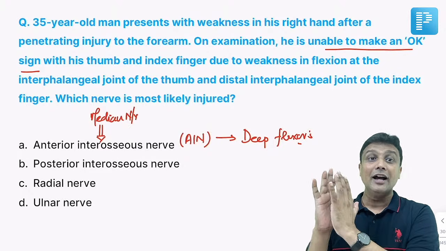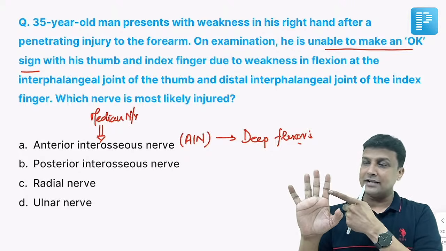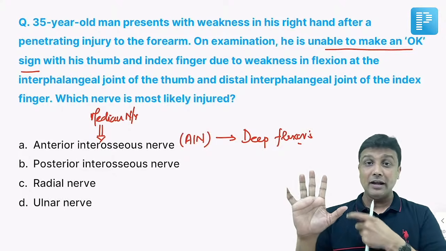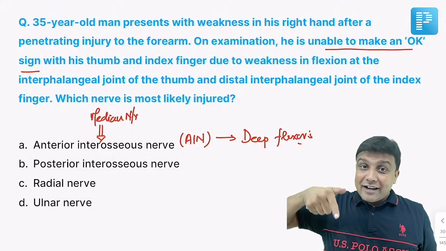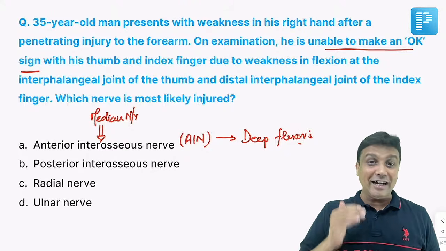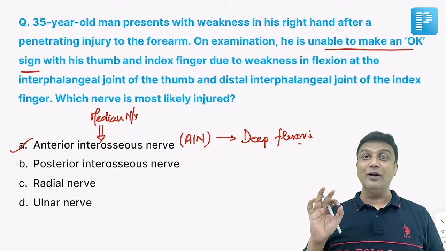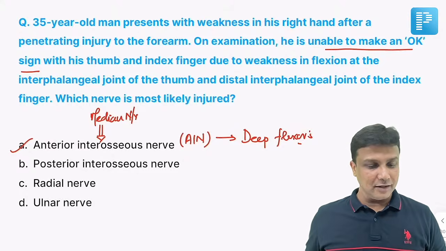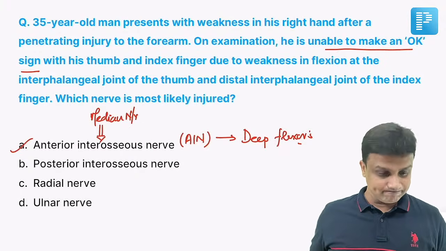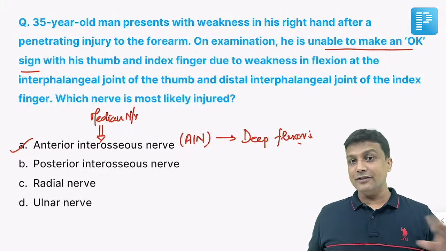That means it is going to help in flexion at the interphalangeal joints, the proximal and the distal interphalangeal joint. So therefore, my dear friend, if the deep flexors are gone, it means the anterior interosseous nerve is gone. So the person will not be able to make that OK sign. Is it okay? Yes, of course. That is the reason why I have included this. Please remember, anterior interosseous nerve is very much important.